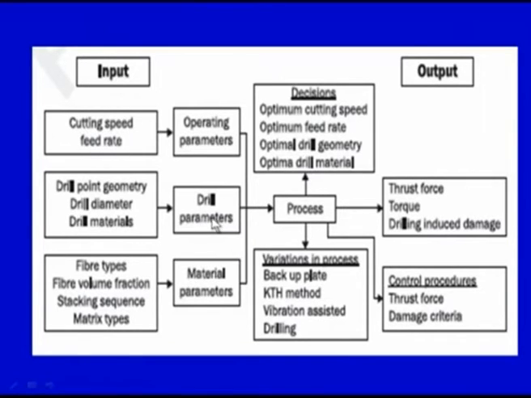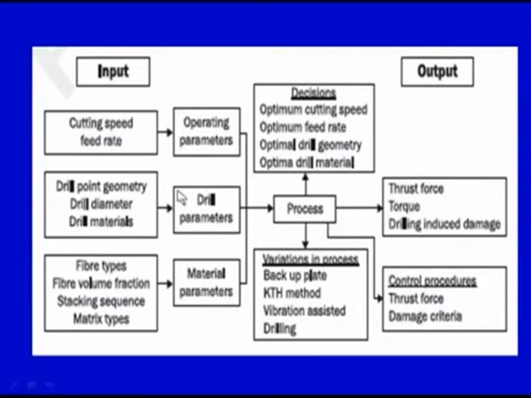Drill parameters. Now what are the drill parameters? Drill parameters are the drill point geometry, the drill diameter and the drill material. So there are three important parameters that govern the drilling, related to the cutting tool, or the twist drill is one type of a drill point geometry. You can have different types of drill point geometry.